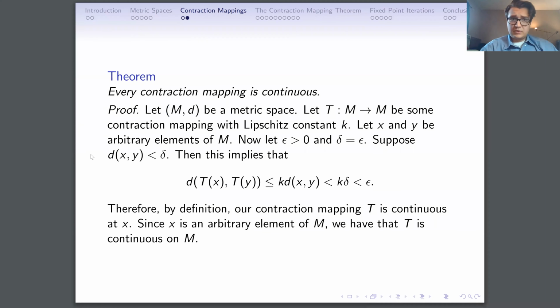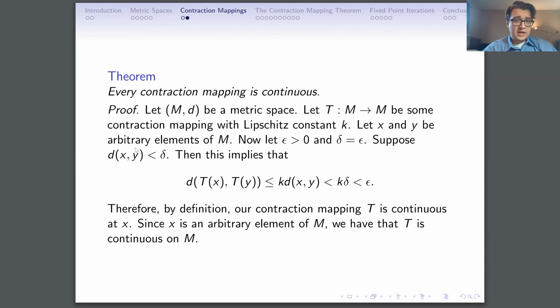Quickly, let's go through a proof that every contraction mapping is continuous. Again, suppose we have a complete metric space with some contraction mapping T and Lipschitz constant k, and let x and y be arbitrary elements of M. Let's walk through this like a normal continuity proof. Let epsilon be greater than 0, and let delta be equal to epsilon.